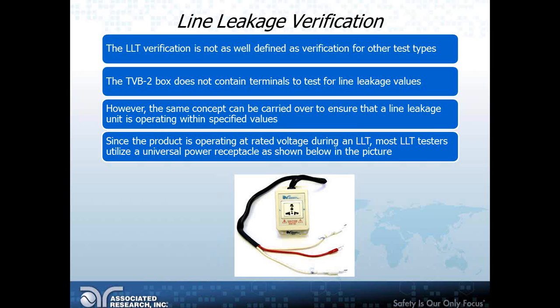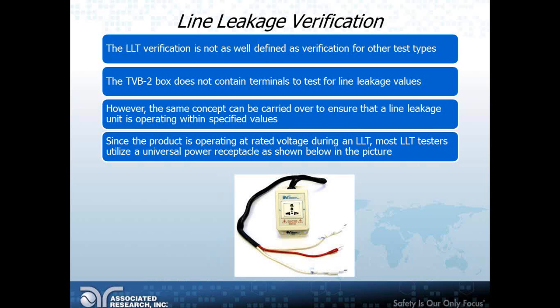However, the same concept can be applied to ensure that the line leakage unit is operating within specified values. Since a product is operated at rated voltage during a line leakage test, most line leakage testers include a universal power receptacle, similar to the one shown in this picture at the very bottom.